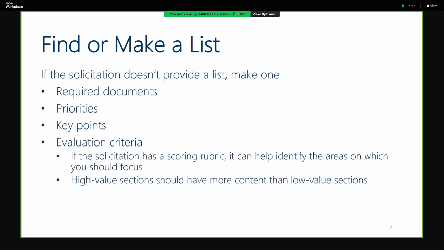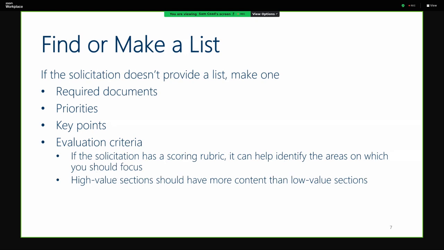I'm also a very big proponent of lists. So if you are getting ready to set up your proposal, start writing your narrative, find or make a list. If the solicitation doesn't provide a list, make one for your required documents, the priorities listed in the application, key points or evaluation criteria.